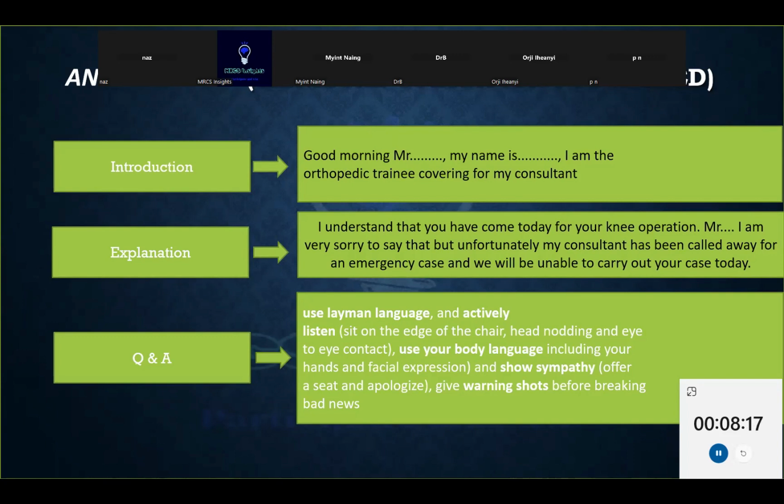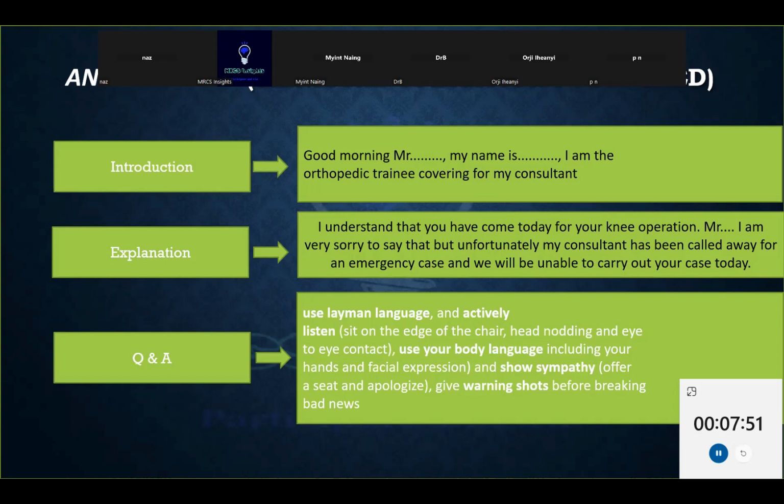Do you mean that my operation is not an emergency? We definitely understand your concern, and I really apologize. I went through your files, and I can see that your operation was cancelled previously also, and it's been cancelled today also.